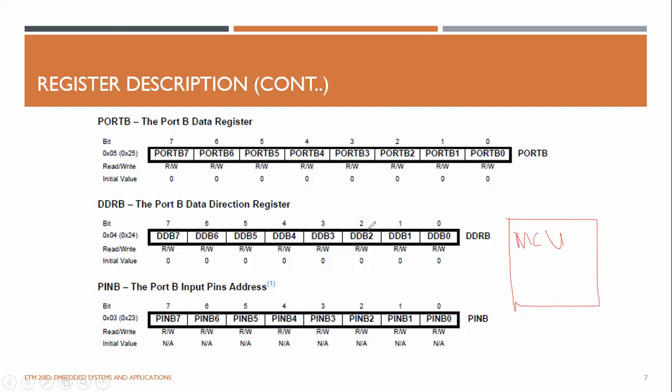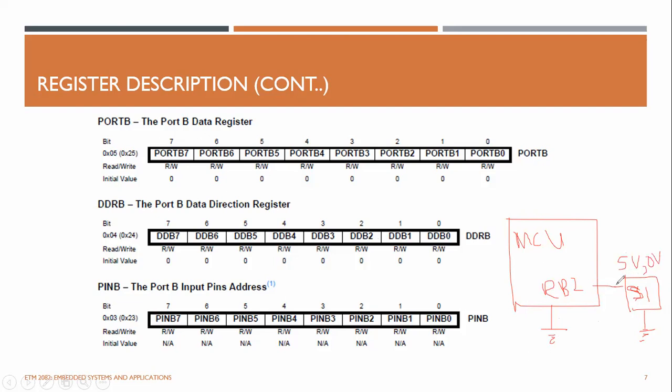Now take a look at the RB2 pin. There's a sensor device connected here, right? S1 sensor is connected and it is sharing the common ground. Now S1 is generating 5 volts and 0 volts sometimes.